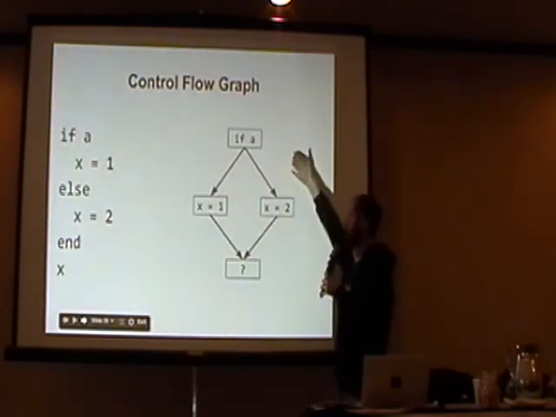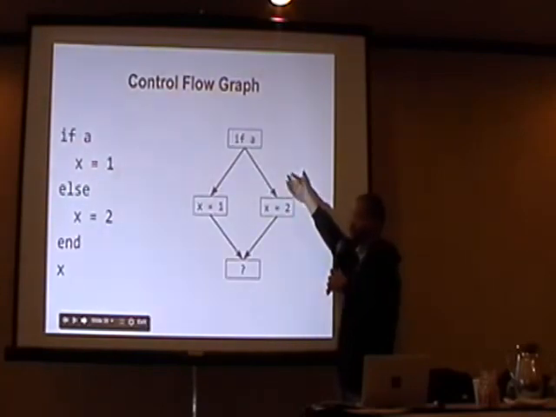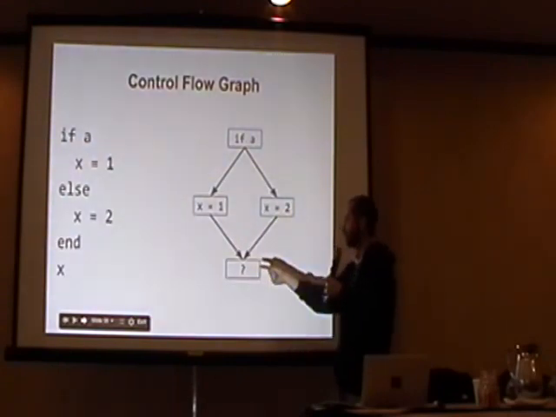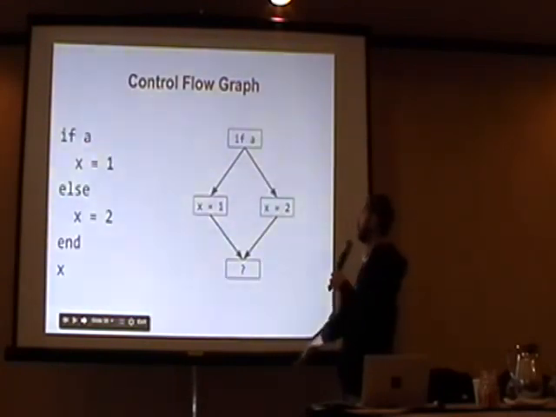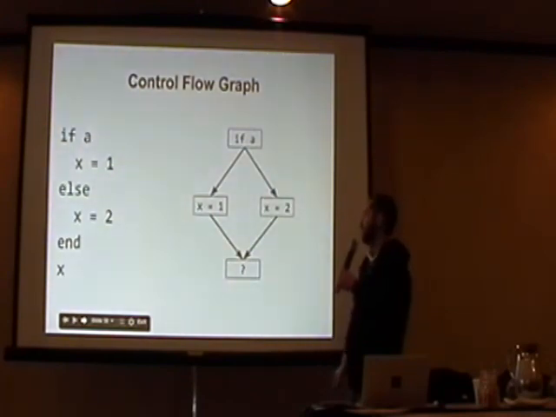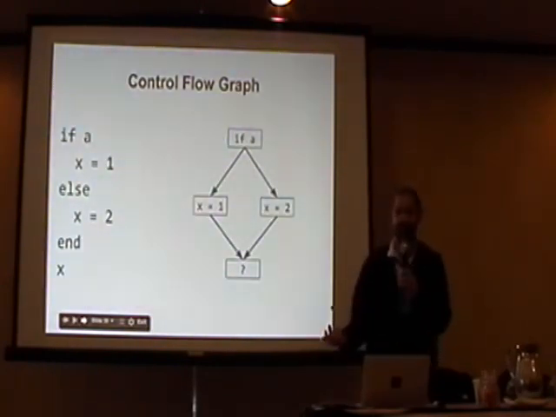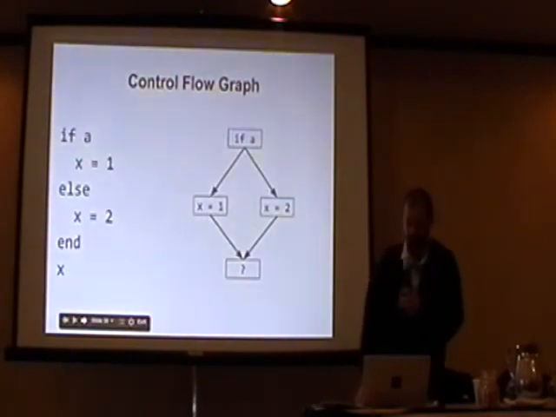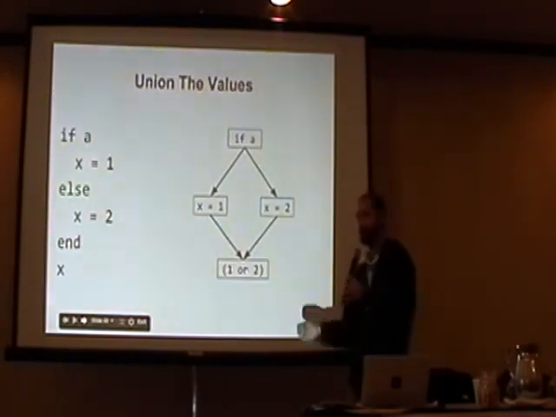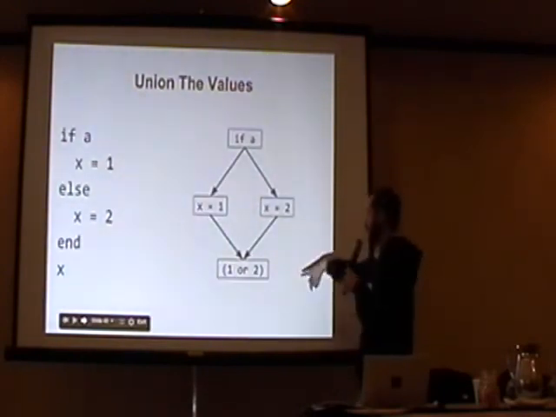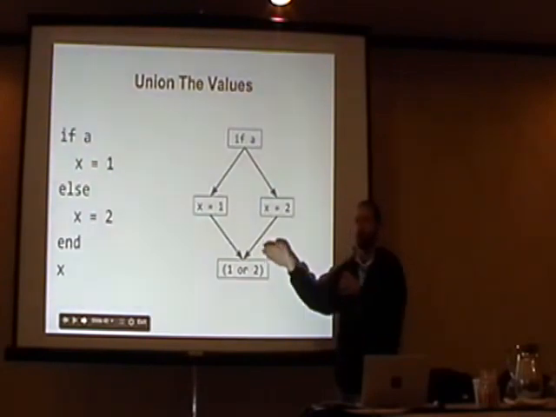This is what we want to do. So it's not linear anymore, or what they call a control flow graph. We have the condition, and then depending on the condition, we execute different code. So then what's the value of X? We don't know. We don't know what A is. So now we're screwed, I guess. The approach, which turns out to be a very common thing to do, is why you should read literature before you write the code. We basically union the values. We say X could be 1 or it could be 2.